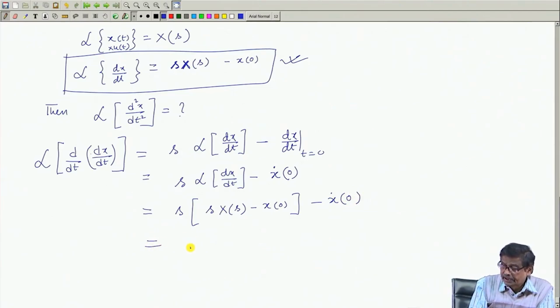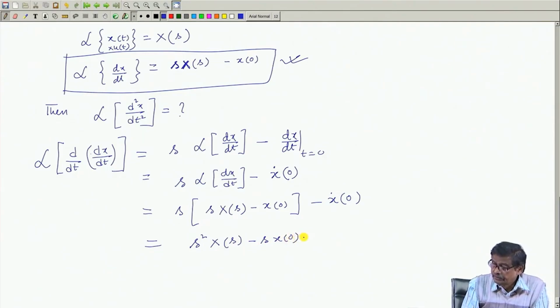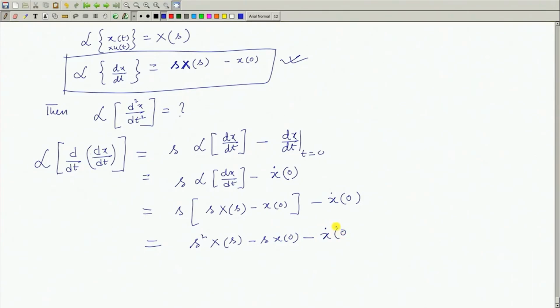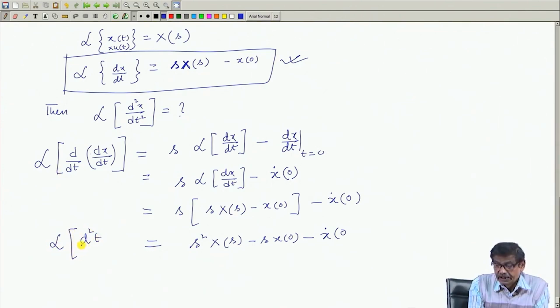If you open this bracket, it will be s squared into X(s) minus s into x(0) minus x dot(0). So this is the thing: the Laplace transform of d2x/dt2 is equal to this one.